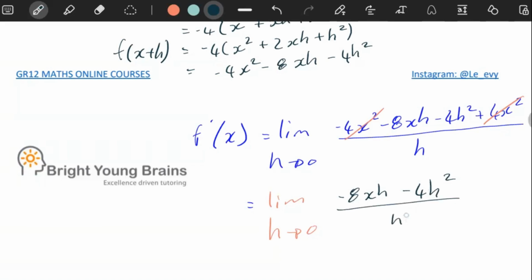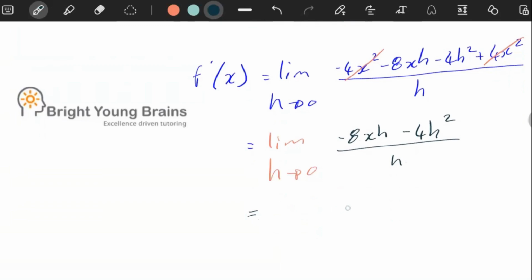Here, if you take out h as a common factor, you have the limit as h goes to 0 of negative 8x minus 4h, over h.